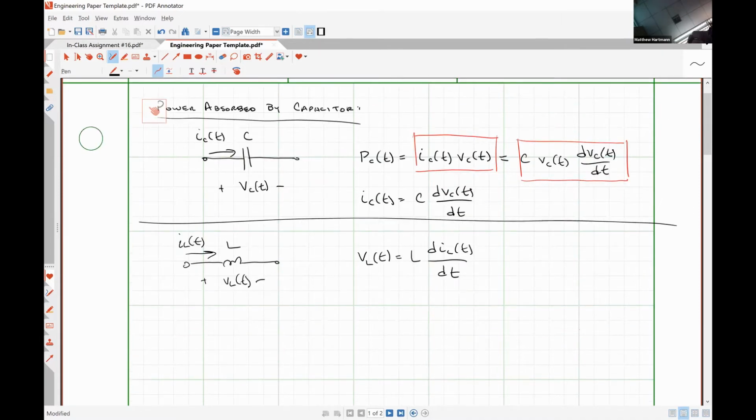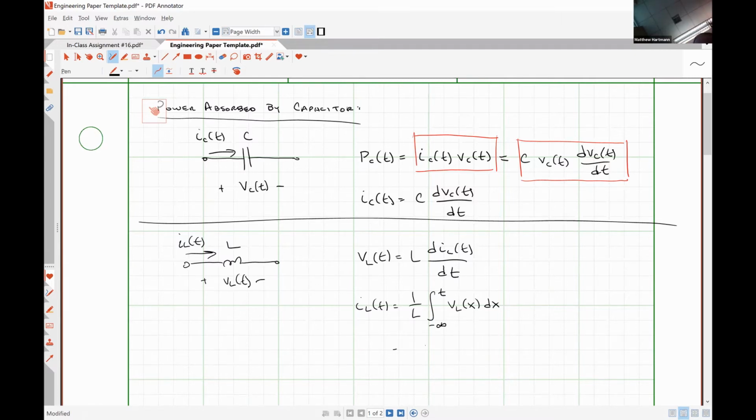And if we multiply both sides by dt and integrate, we also get IL of T is equal to 1 over L integral from negative infinity to T of VL of X dx.